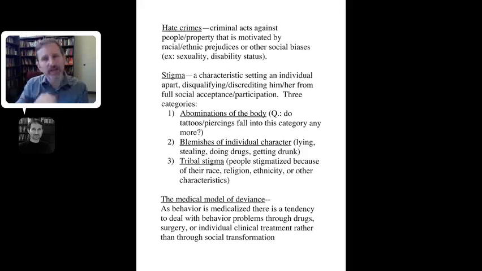Social harm is directly related to the idea of crime because with a hate crime there's more social harm. It not only harms the individuals who have had these things perpetrated against them, but it also harms the whole minority group by threatening them, by violating their sense of safety in the world.